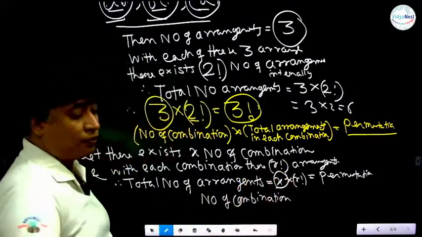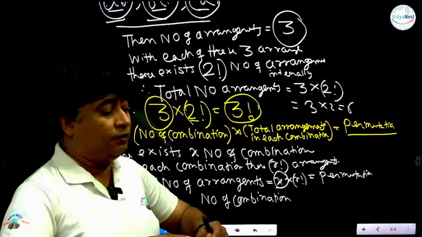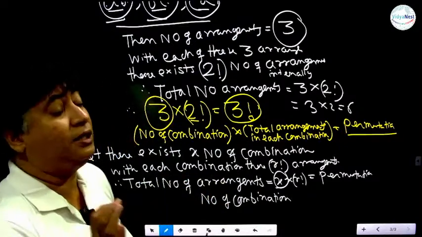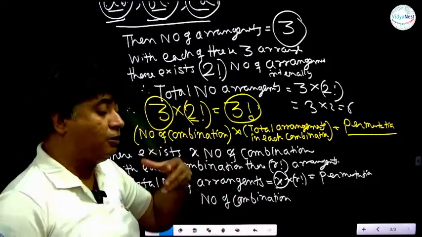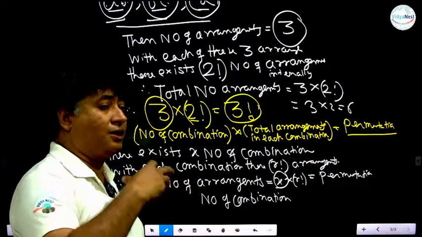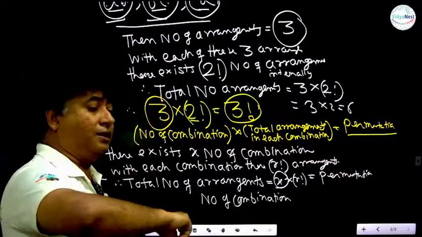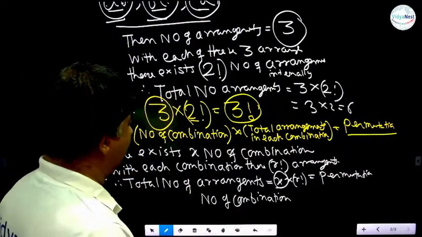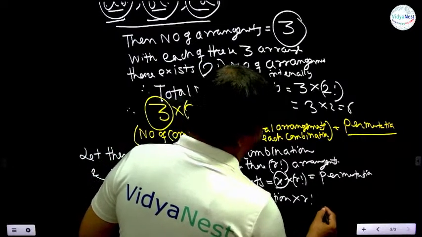In a class, for practical work, some groups are made, and each group contains 3 students. Suppose 30 groups are made, so in a class there are 90 students, 30 groups. Each group contains 3 elements, so 30 into factorial 3. The number of combinations is x into factorial r. What is permutation?